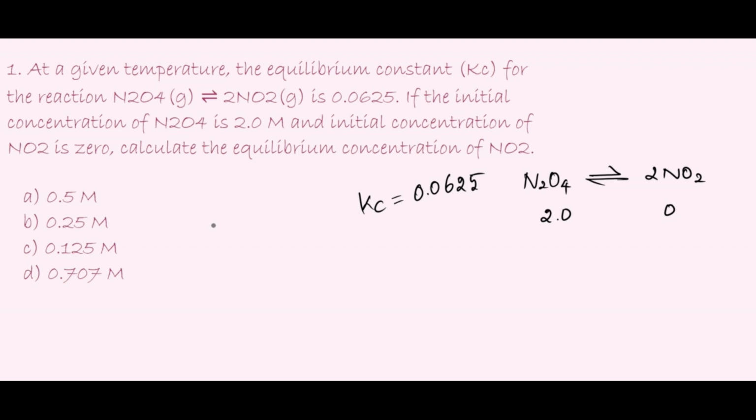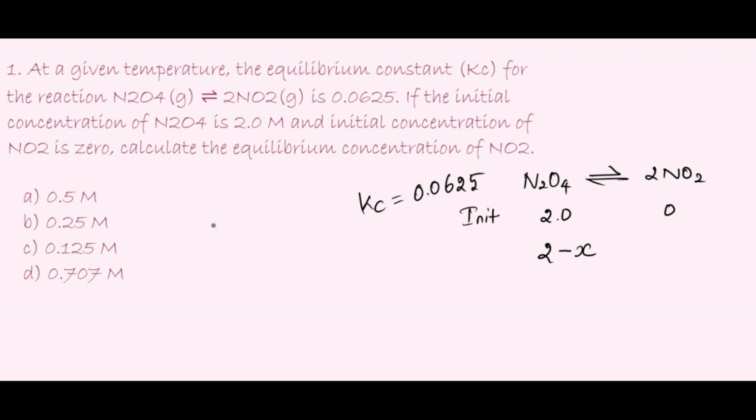At equilibrium, what happens? If the reaction starts happening, some amount of N2O4 will get converted to NO2. Let's say I'm taking that amount as x. So 2 minus x will remain at the equilibrium state.